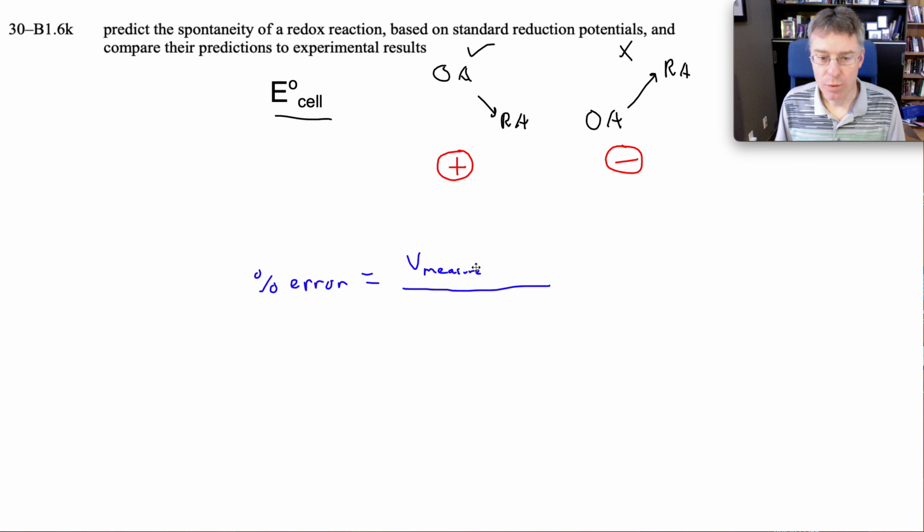There's a lot of different words you could put for that, and you're going to compare that to the voltage or E0 cell that you would predict. So this will give you the difference of how far you're off, and then to turn it into percentage, we're going to divide it by what you'd predict from your table. And then you're just going to multiply that by 100.